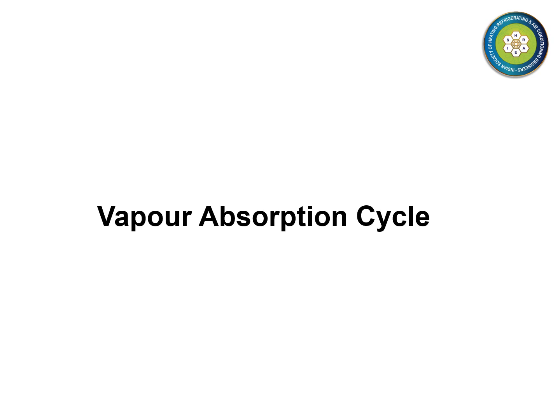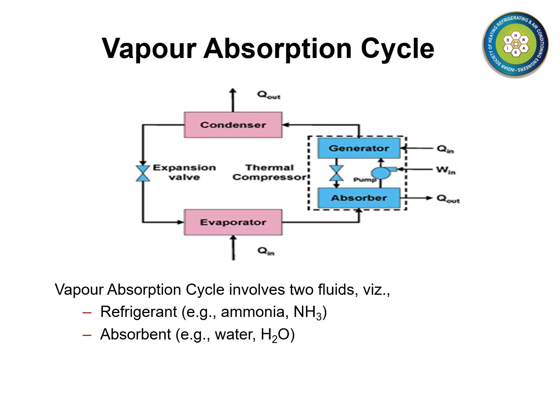We will now describe the vapor absorption cycle and specifically show you in what way it differs from the vapor compression cycle. In this slide is shown the schematic diagram of the vapor absorption cycle. It will be seen that it is identical to the vapor compression cycle, except that the mechanical compressor is replaced by a thermal compressor.